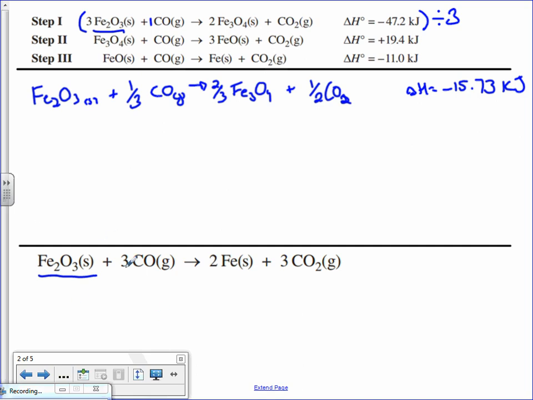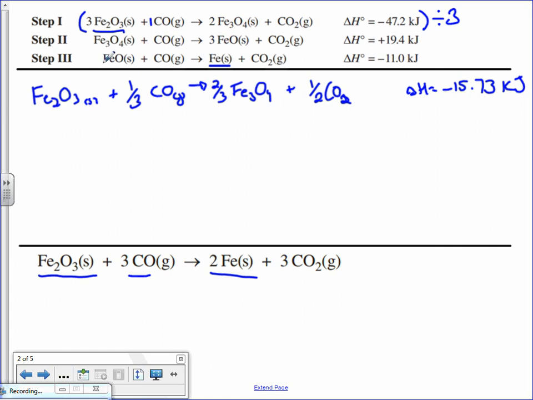The next thing I can look for, so I'm going to do the carbon monoxides and the carbon dioxides last, but here I know that I have to have two solid irons and I need them to be on the product side of the reaction. So I need them to be on the right side of the arrow. In equation 3, I do see one of those solid irons. Here I need 2, here I only have 1.